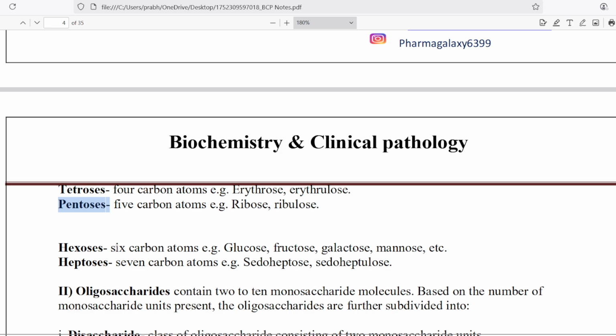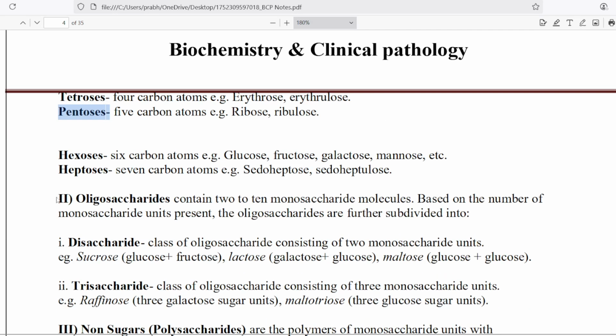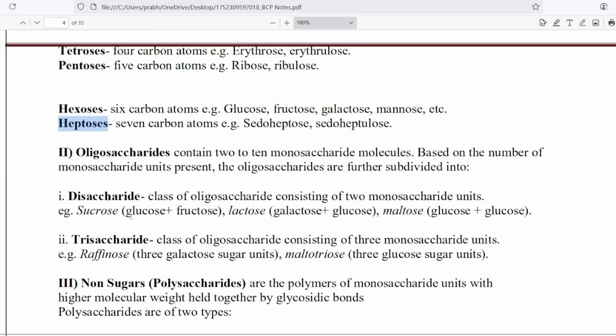Example ribose and ribulose. Then next is hexoses, 6 carbon atoms. Example glucose, fructose, galactose and mannose. Then next is heptoses, 7 carbon atoms. Example sedoheptose and sedoheptulose.